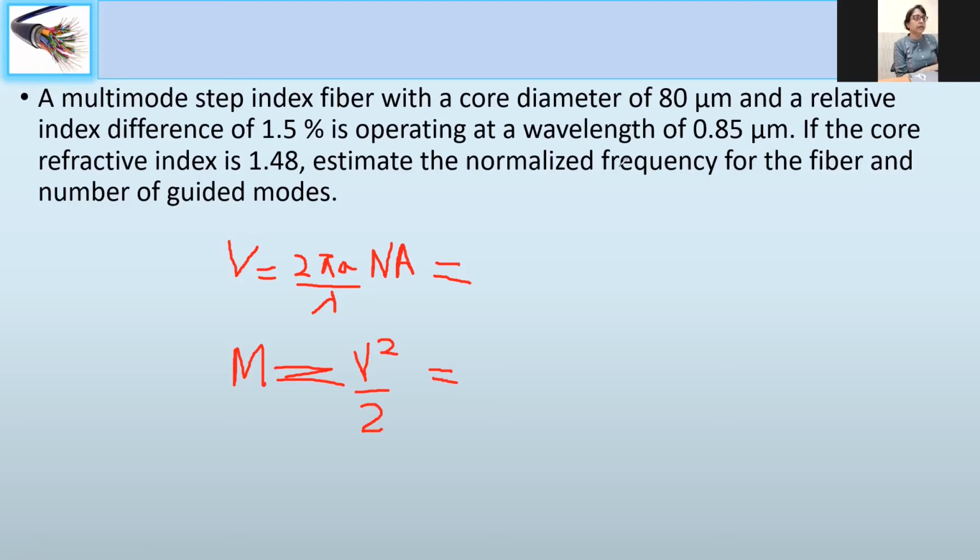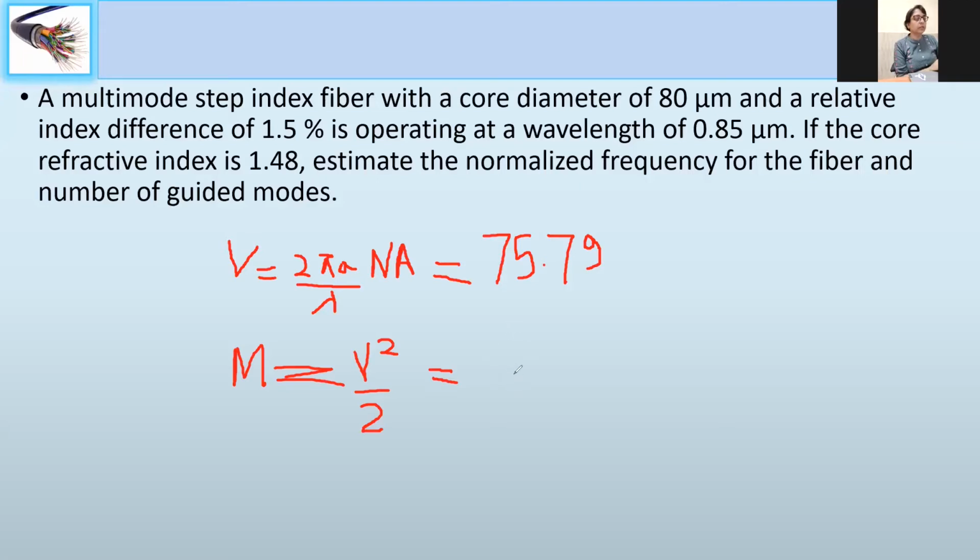Yeah, where V number is 75.79. Yeah, correct. 75.79. Then tell me what it is.